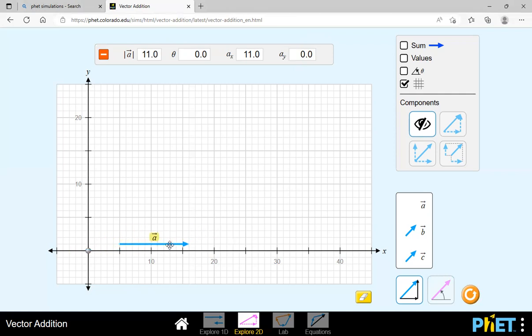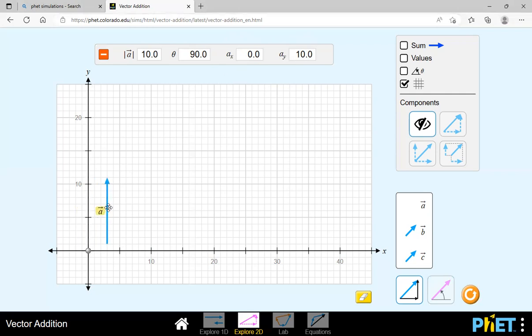Now, if A is along the y-axis, or parallel to the y-axis, it has only one component, that is ay, and it has no component along the x direction.